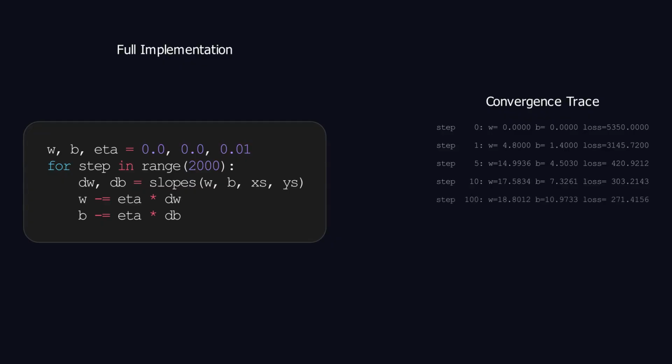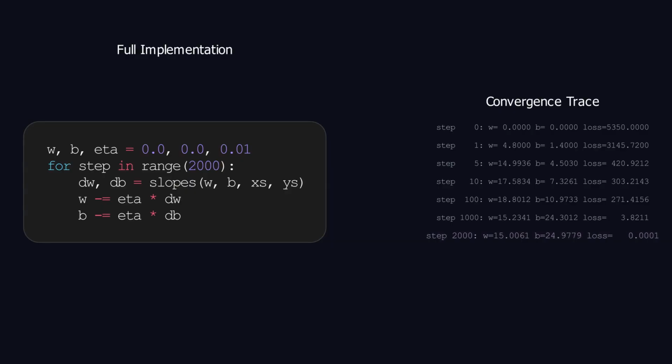Step 100, W has overshot to 18.8. B has only reached 11. Step 1000. W has settled back near 15.2. B is catching up at 24.3. Step 2000. W equals 15.01.